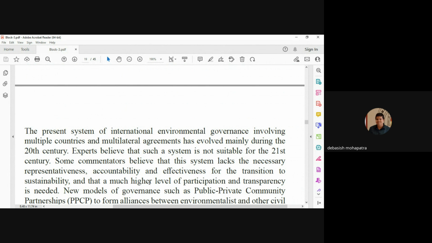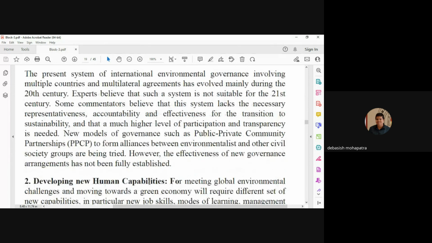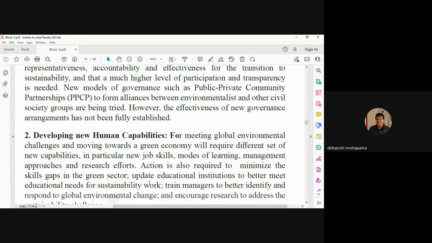Some commentators believe that this system lacks the necessary representativeness, accountability and effectiveness for the transition to sustainability, and that a much higher level of participation and transparency is needed. New models of governance, such as public-private-community partnerships (PPCP), to form an alliance between environmentalists and other civil society groups are being tried. However, the effectiveness of new governance arrangements has not been fully established.